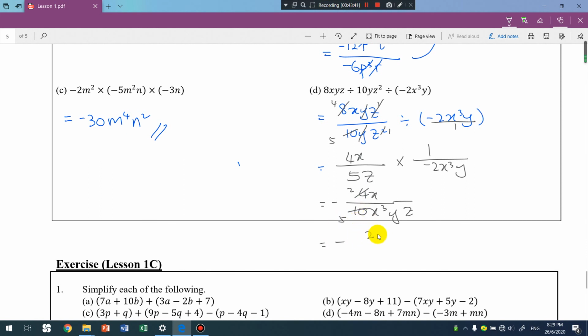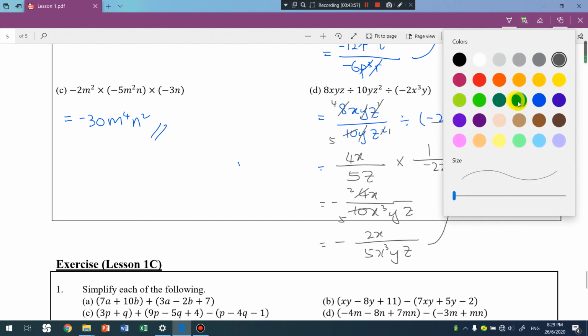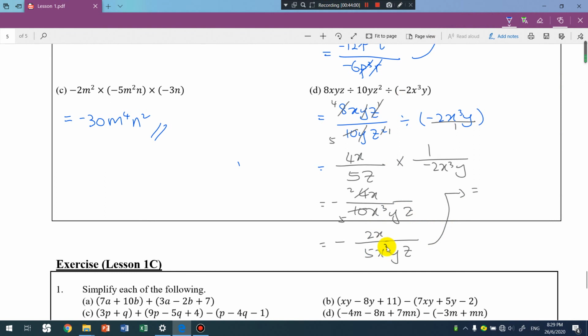It's 2x and 5x to the power 3 yz. And we see the x and x cubed here can be simplified as well. So this is power 3, this is power 1. So cancel this. Now I have 2 left here. So x to the power 2.